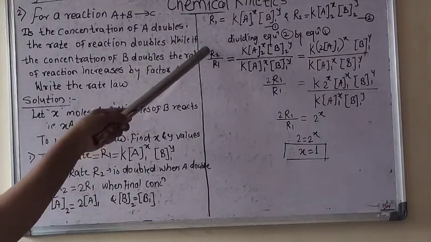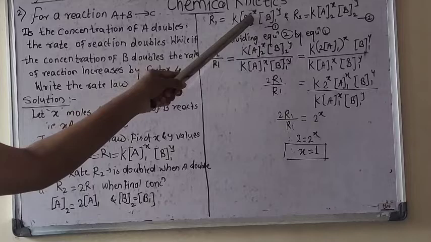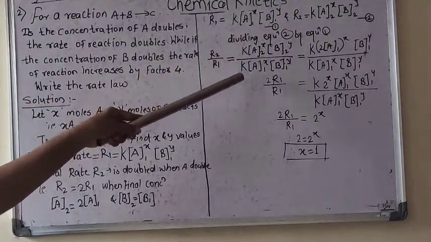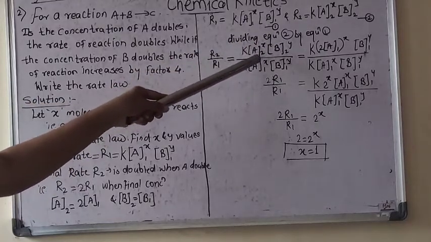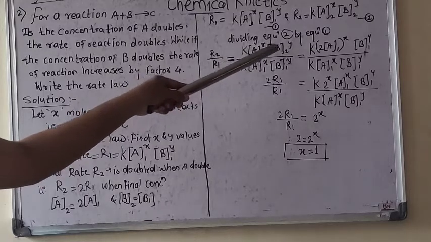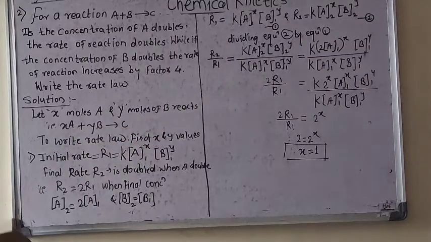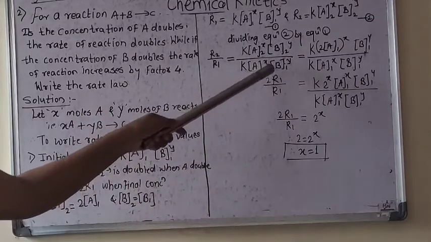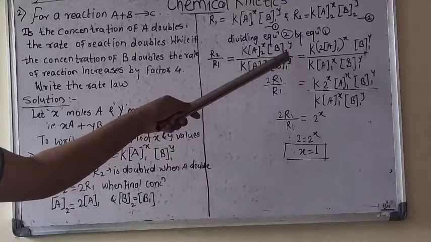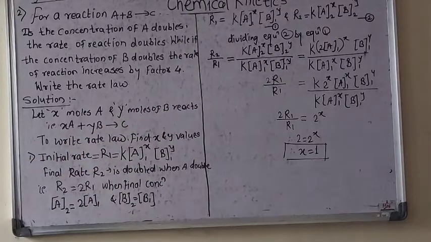So we are getting R2 upon R1 equals K times the molar concentration of A2 to the power of X times the molar concentration of B2 to the power of Y, upon K times the molar concentration of A1 to the power of X times the molar concentration of B1 to the power of Y. Now substituting the values for the final concentration: A2 is taken as twice A1, since the concentration of A doubles.